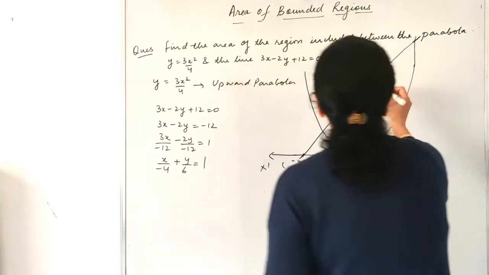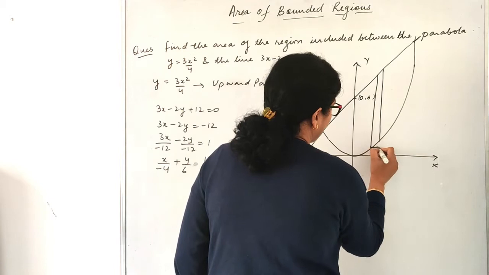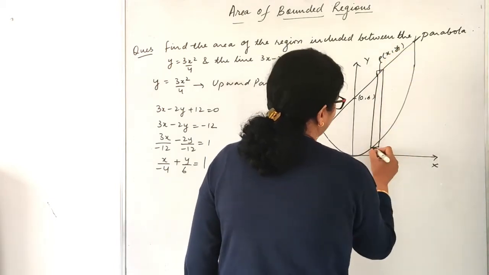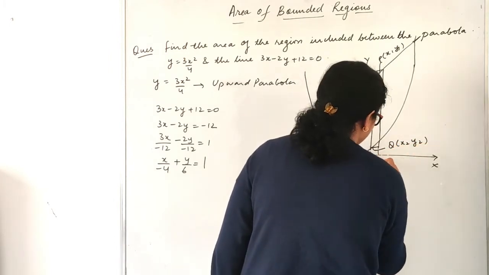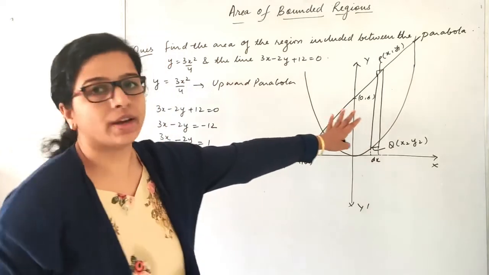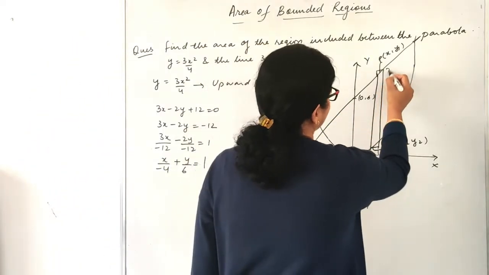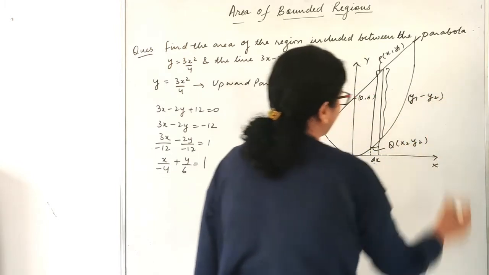Okay, so let us draw now the strip, rectangular strip. So this is my rectangular strip, right? So this will be my point P, x1, y1, and this will be my point Q, x2, y2, right? This will be dx. Now if I want to find the area of this rectangular strip, the width is dx, but the length will be y1 minus y2, correct?